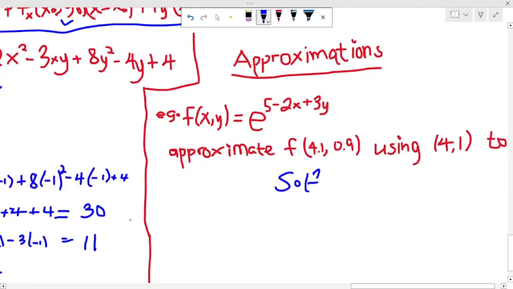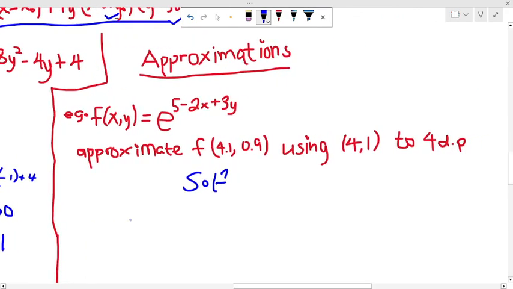Here we have a function f of x, y, defined as e exponent 5 minus 2x plus 3y, and we have to approximate the function at 4.1, 0.9 to 4 decimal places. In this question, we are given a point to use, that's 4, 1.